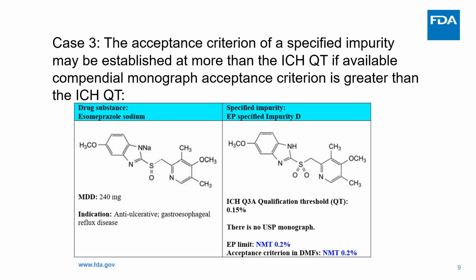For example, for the drug substance esomeprazole sodium, it doesn't have a USP monograph, but it has an EP monograph. In the EP monograph, EP specified impurity D is controlled at 0.2%. Even though its ICH qualification threshold is 0.15% based on the MDD of 240 mg, the higher EP limit of 0.2% can be considered acceptable.